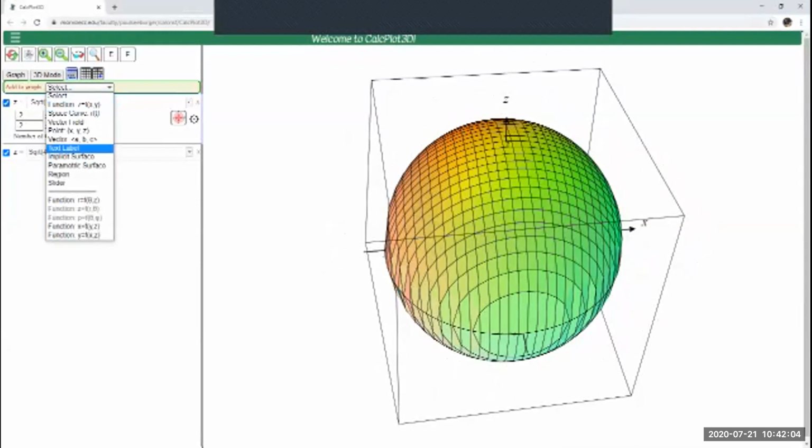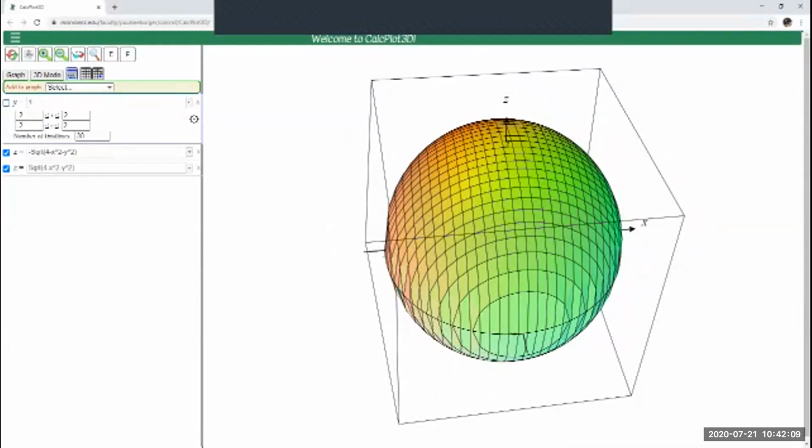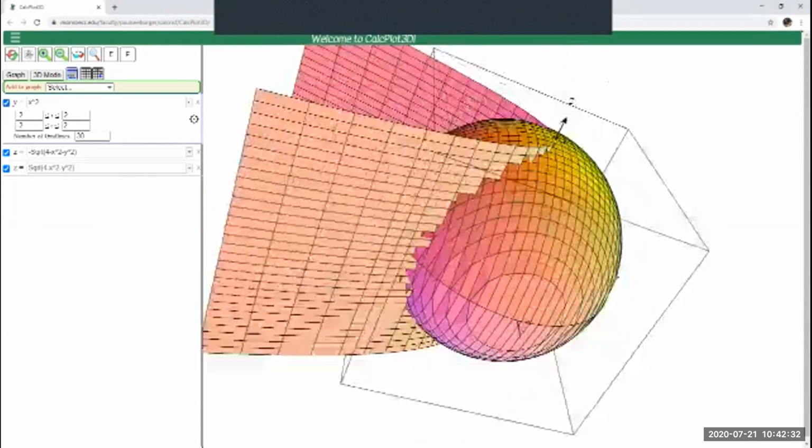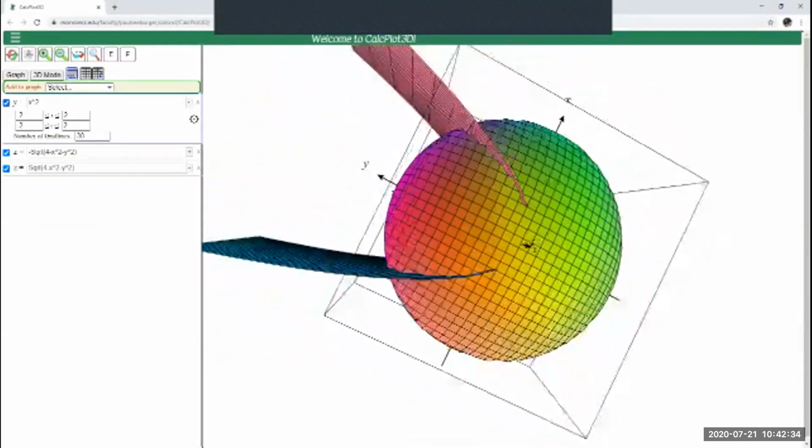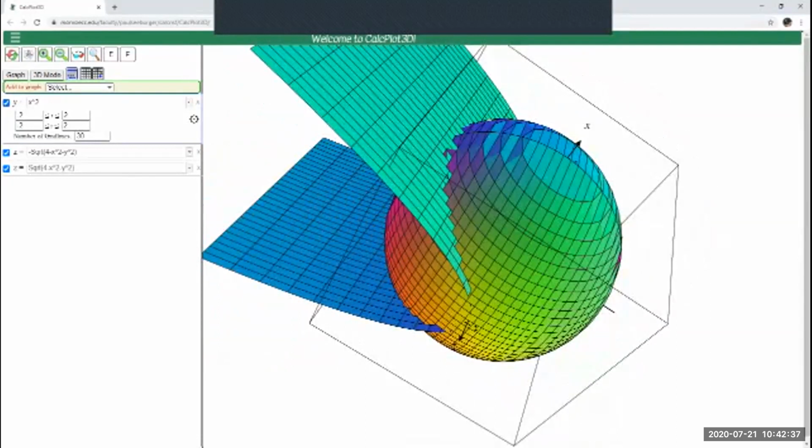Okay, that's one surface. We have another surface, which was the cylindrical surface. Y equals x squared. Let's have that. So it would look like this. I'm not sure how you can see it, but we have two surfaces here.